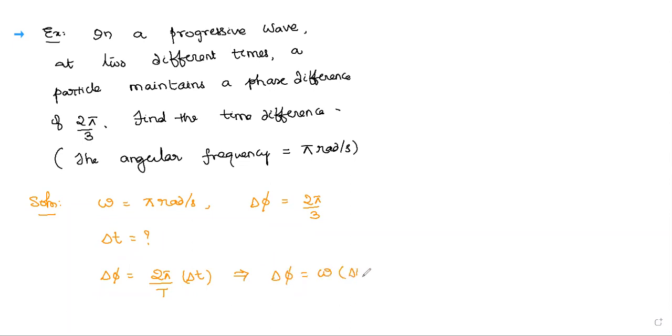So omega into delta t. Delta phi is 2 pi by 3 is equal to omega into delta t. That implies delta t is equal to, after cancelling pi and pi, 2 by 3 seconds. Exactly. So your answer is correct, Aditya and Shrestha. Good.